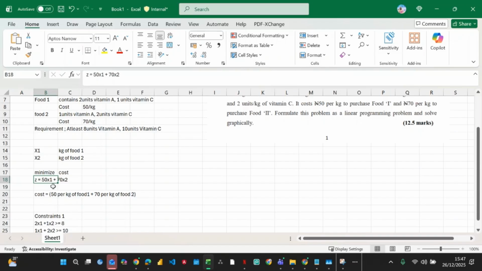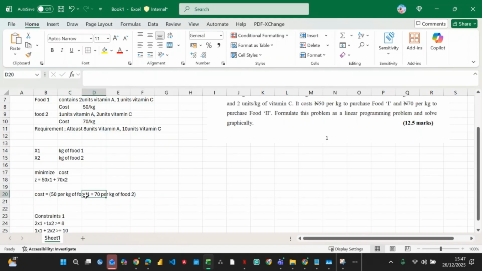So I have to minimize cost, and the objective function for that is z. The variable z is equal to 50x1 plus 70x2 naira. What is x2? Food one and two. That's what it means. Look at it here. This 50 was for food one, and 70 was for x2, which is food two.